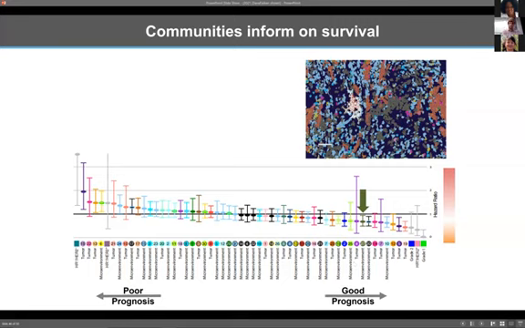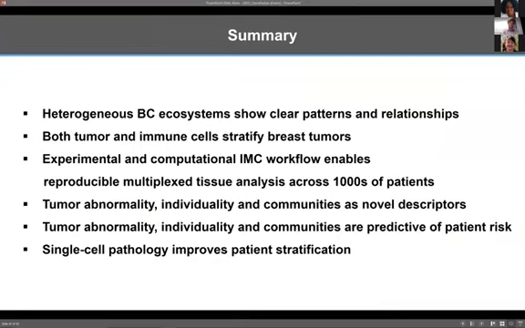And so, to summarize my presentation today, I hope that I could show you that although breast cancer ecosystems are very heterogeneous, we still identify clear patterns and relationships, and that those patterns and relationships on the level of the tumor and the immune cells enable us to stratify breast tumors and patients.